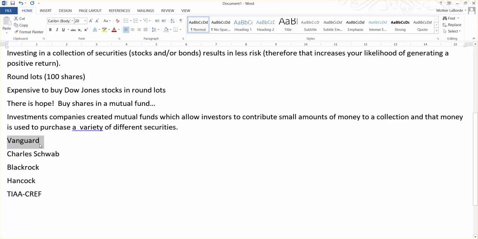The only issue with Vanguard is you do need, I believe, $3,000 to open an account and to purchase into a fund. So Vanguard might not be the right fund for you. Y'all might be more interested in Charles Schwab, but I personally use Vanguard for the reasons that I mentioned.